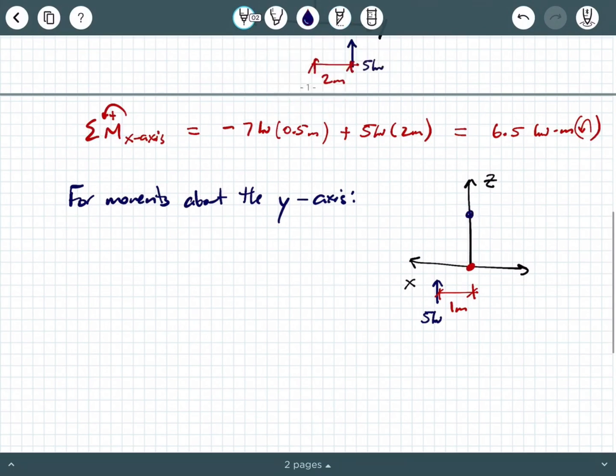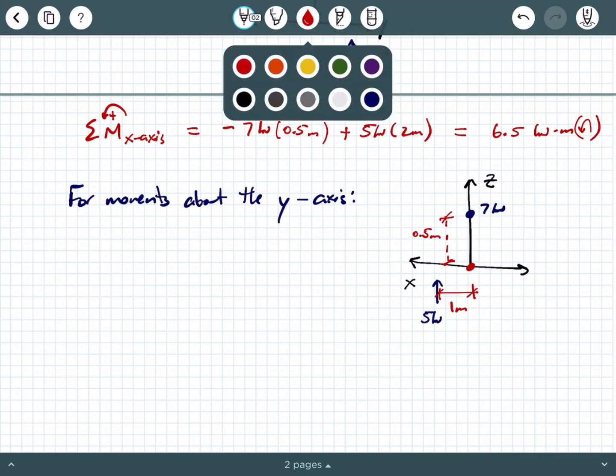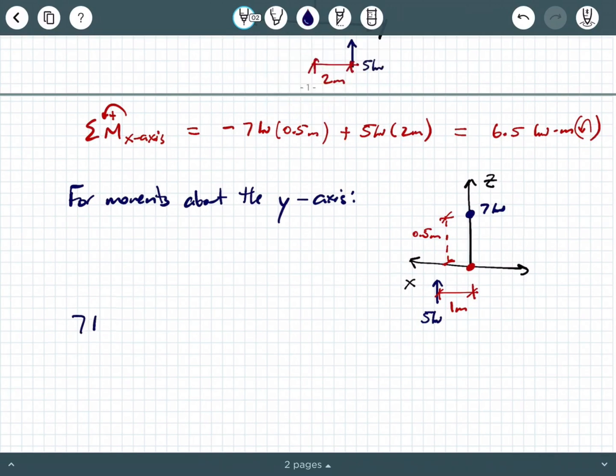Let's think of it this way. That 7 kilonewtons in our figure is like somewhere right here, coming out of the page. Even though it is a distance of 0.5 meters above the y-axis, you cannot generate a rotation about that axis because it's parallel to it, okay?